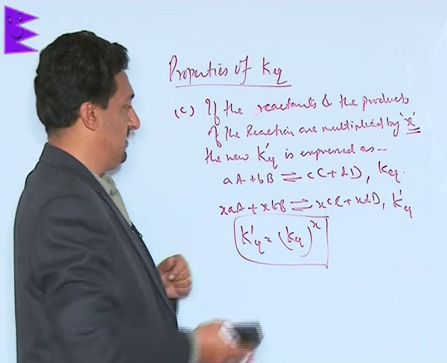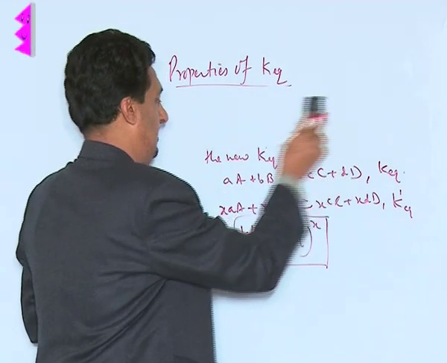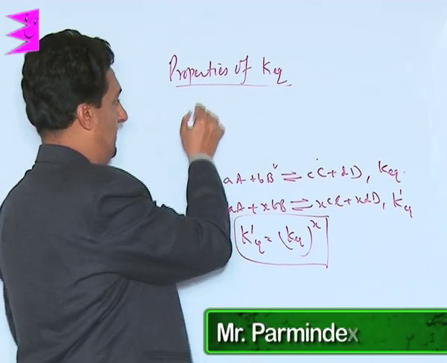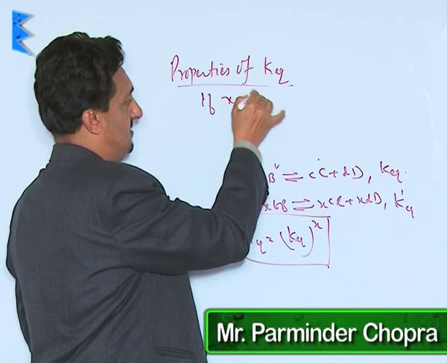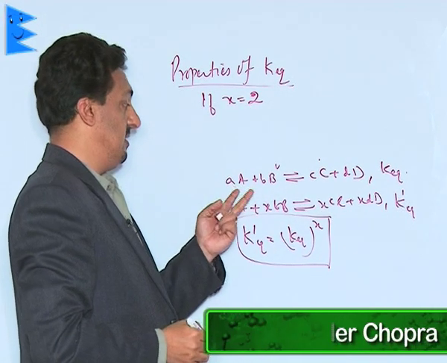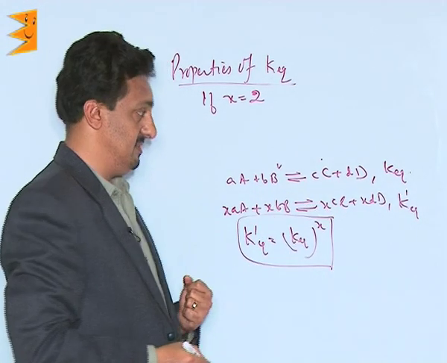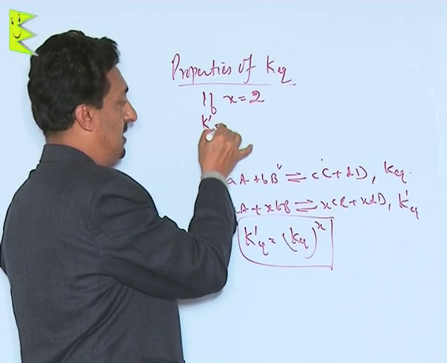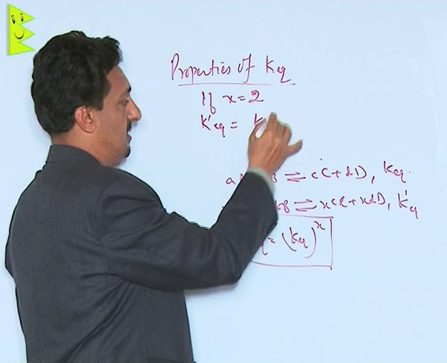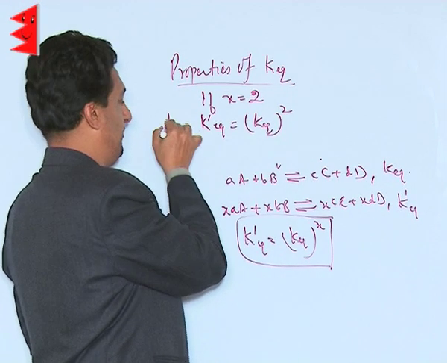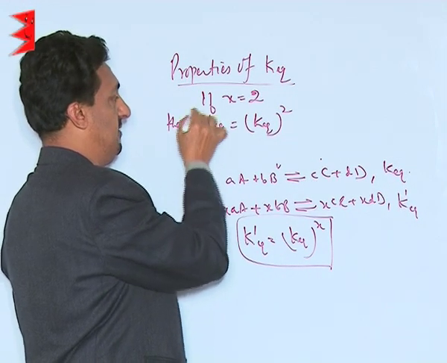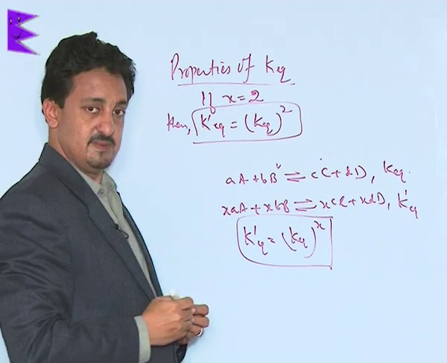Now, how can we use this information of x? Suppose this x is 2, that means we are actually doubling the concentrations of all the reactants and the products. Your new equilibrium constant will be the square of your previous equilibrium constant.